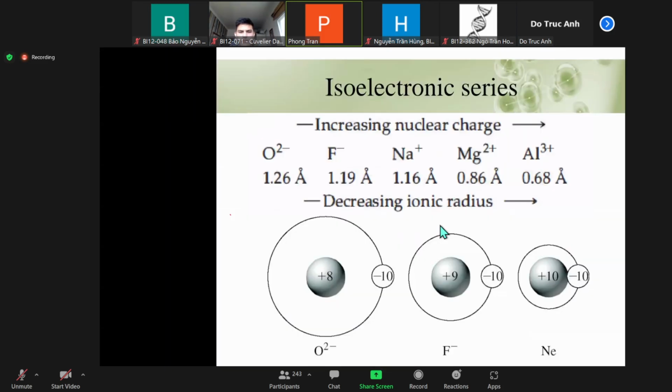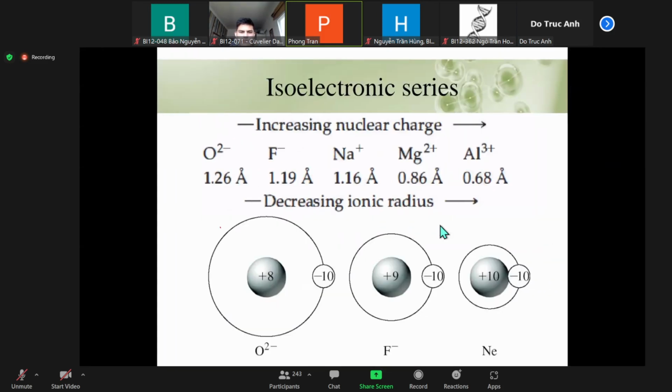Yeah. So here you have oxygen with Z equal to 8, fluoride with Z equal to 9, and neon with Z equal to 10, right? So you have positive charge 8 interacting with 10 electrons outside. And for the fluoride, you have positive 9 interacting with the same 10 electrons, and here 10 with the same 10 electrons.